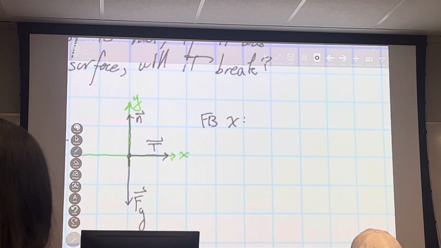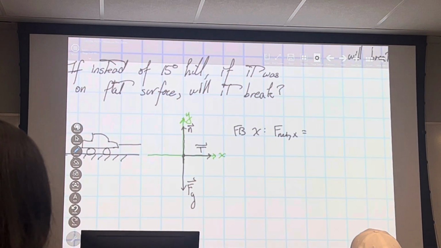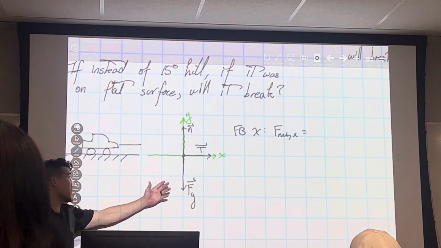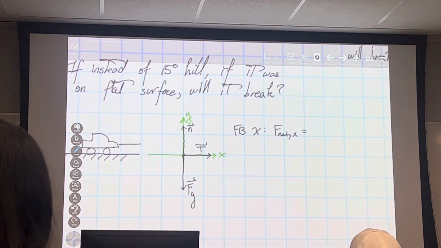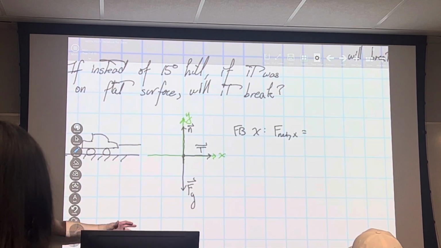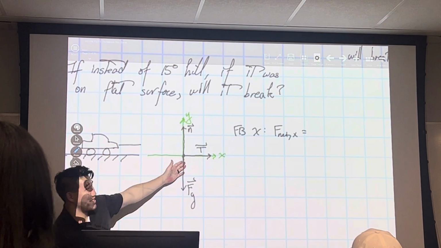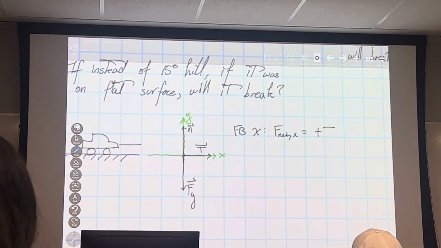Force balance on X, F net in the X direction is equal to, what are all the forces acting in the X direction this time? Alright, there's a positive T, that's true.